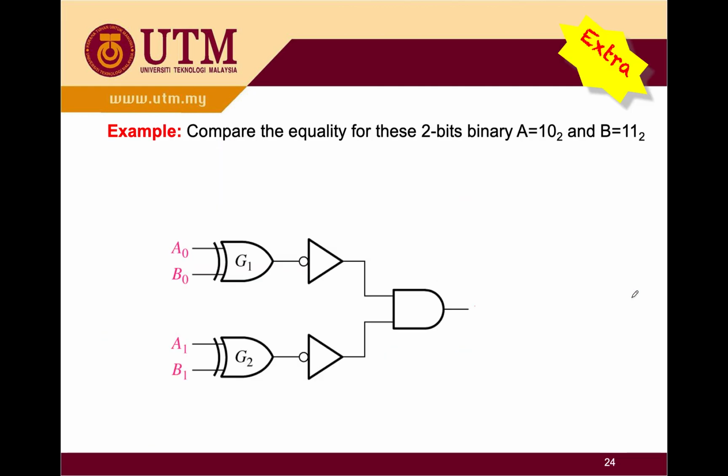So how are we going to look at it? There is an example where A equals 1 0 and B equals 1 1. From here you can see this is the circuit, and this one is A0, this one is A1, B0, B1, so we take 0 first. A0 is 0 and B0 is 1. For the other, A1 is 1 and B1 is 1.